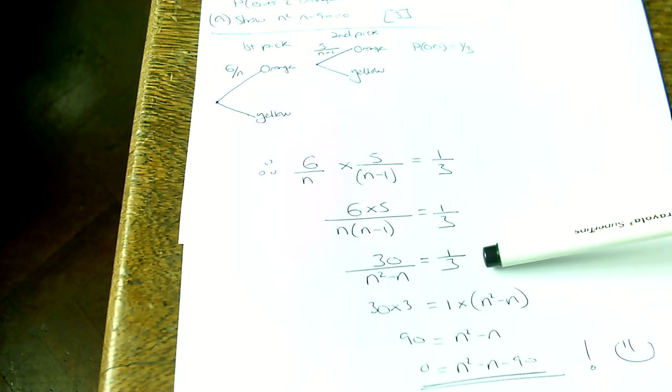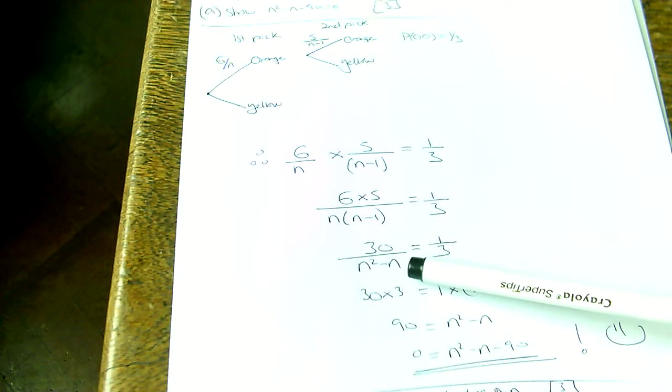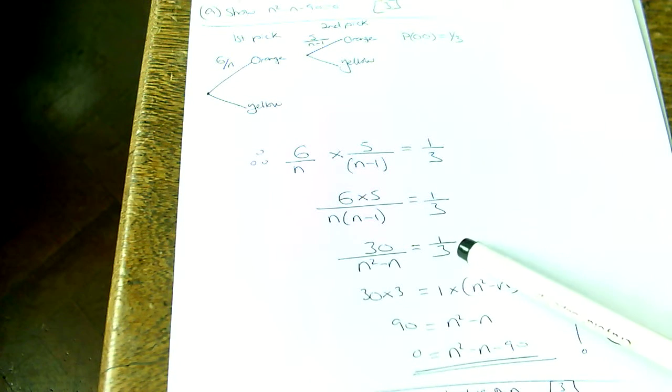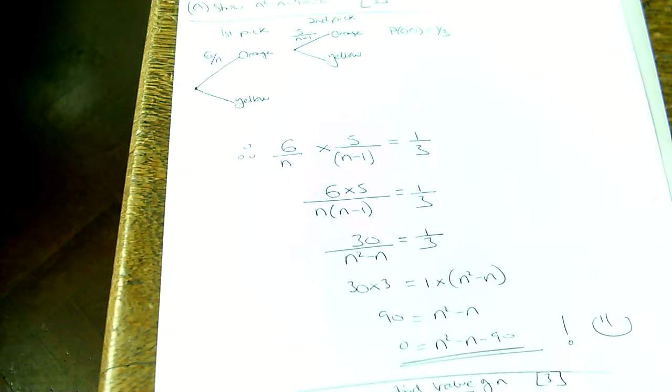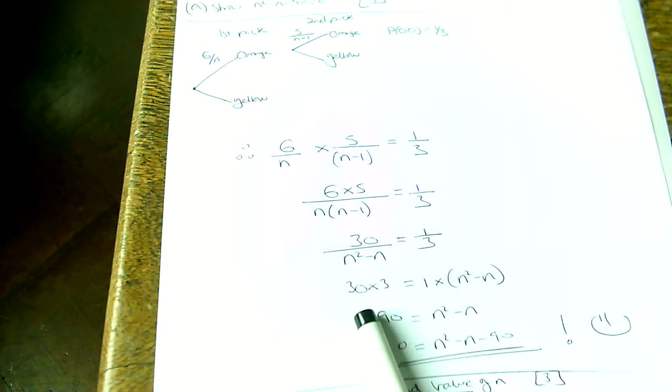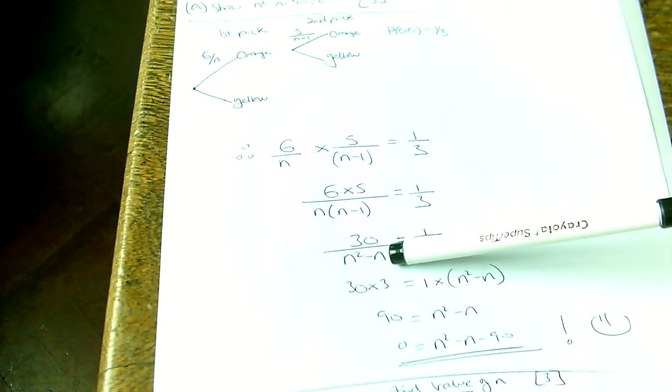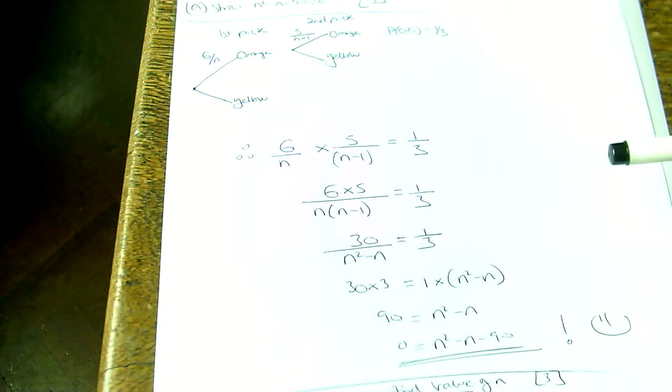So I've got this is equal to a third. Now, I obviously need to get rid of the denominator there and the denominator here, so I've just brought this over to this side and brought the 3 over to that side there, just cross multiplied, and that's given me 30. And then I'm just showing you, just in case that was another number, I know it's 1, it's nice and easy, but if that was 2, for example, you'd have to do 2 times everything in your bracket or from your denominator over there.